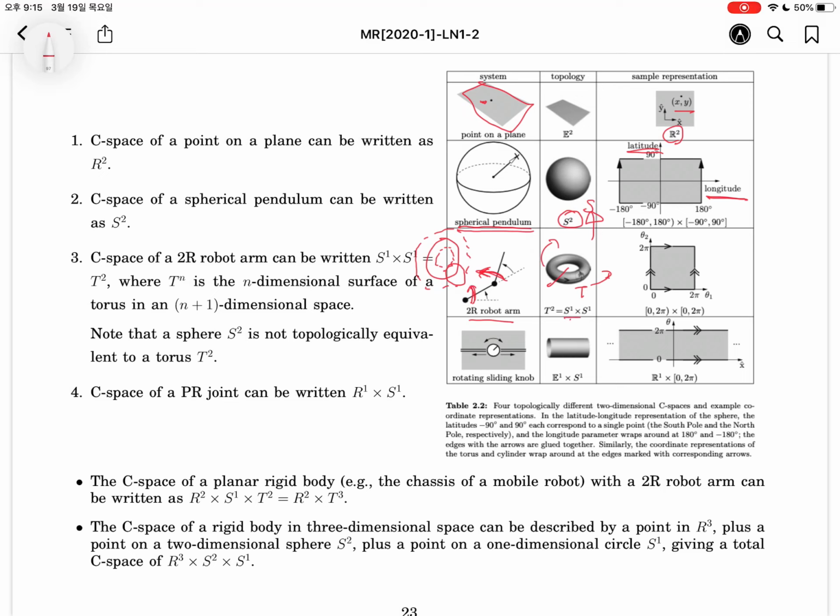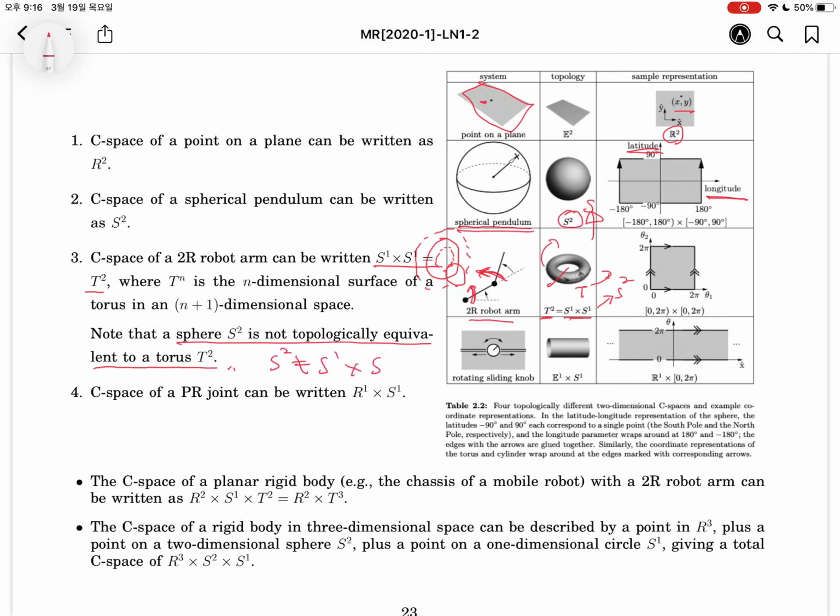Okay, so let's assume that S1 times S1 will be denoted by the T2. S1 times S1 does not give any S2. It's different. S1 times S1 will be denoted by the T2. The sphere S2 is topologically different from the torus T2.